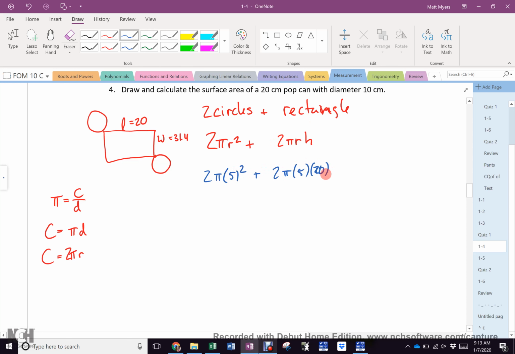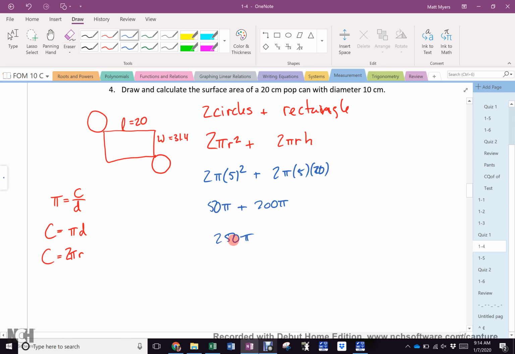Now, if we're doing a math class answer, what's 5 squared? 25 times 2, 50. 50 pi plus, what's 5 times 20? Times 2? 200 pi. And what's 50 pies and 200 pies? 250 pies, yeah? Now, if I want the real life answer, I got to do 250 times pi.